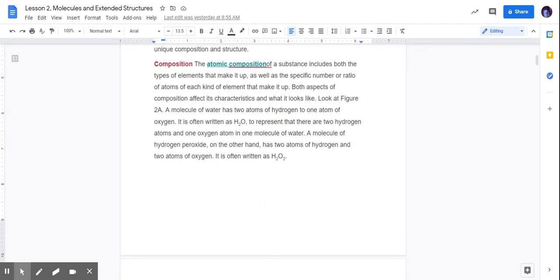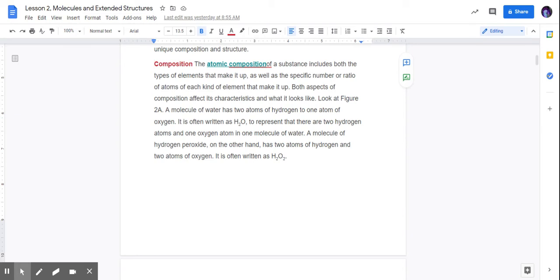So we're going to look first at composition right here. The atomic composition of a substance includes both the types of elements that make it up, as well as the specific number or ratio of atoms of each kind of element that make it up. Both aspects of composition affect its characteristics and what it looks like.